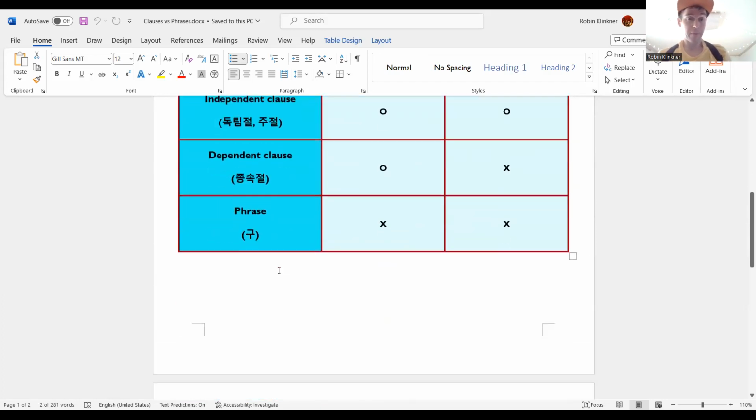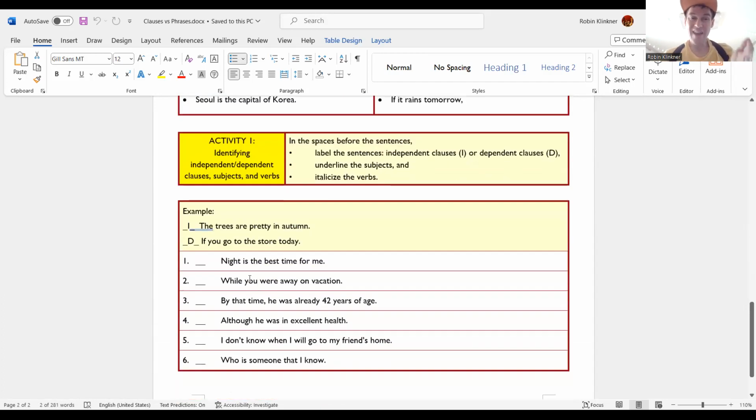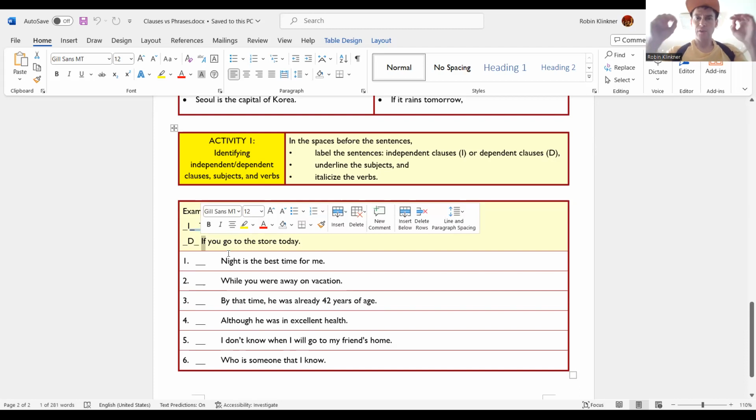So if is very simple. If the clause begins with a subordinate conjunction, such as if, it's dependent. So if you look at these right away, oh, that does not begin with a subordinating conjunction. It's an independent clause. Oh, that begins with a subordinating conjunction. It's a dependent clause. So that's a tip.